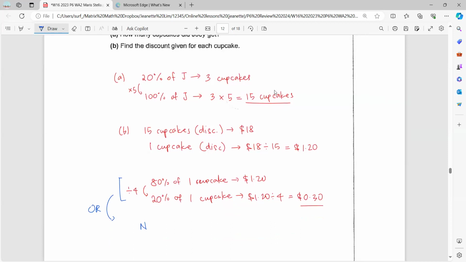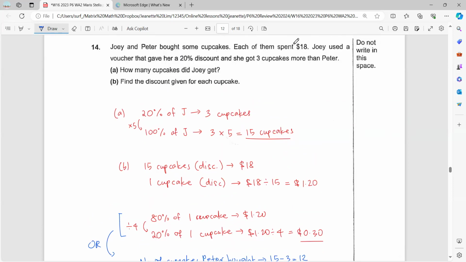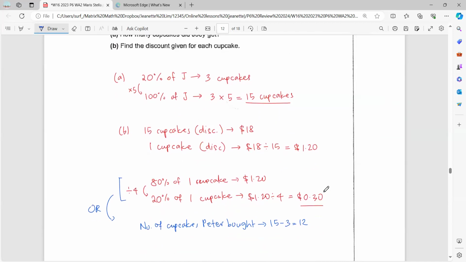So the number of cupcakes Peter bought is 15 minus 3, which is 12. Right. He also had $18, so he only bought 12 cupcakes. His is no discount.